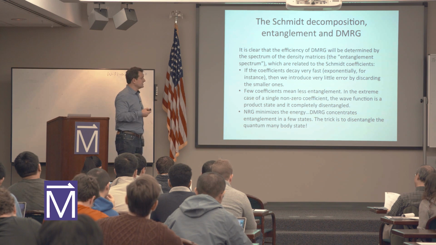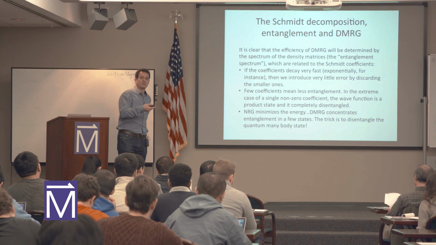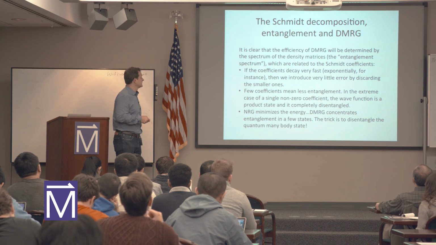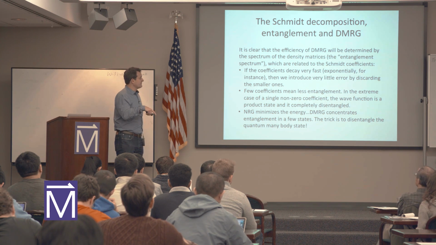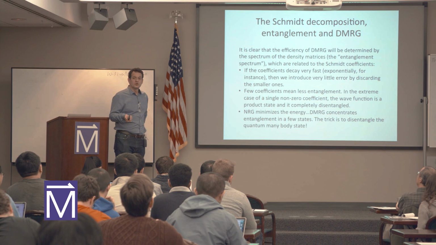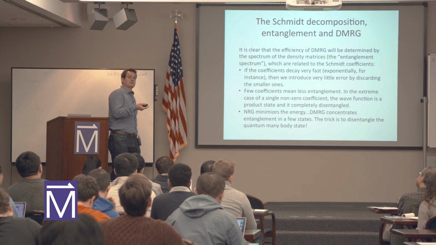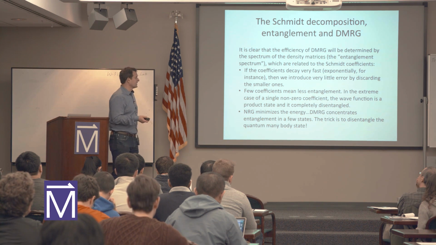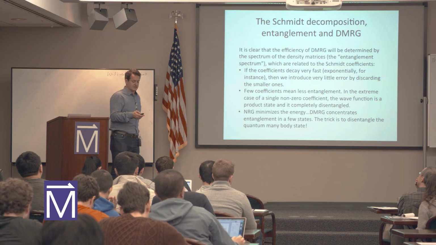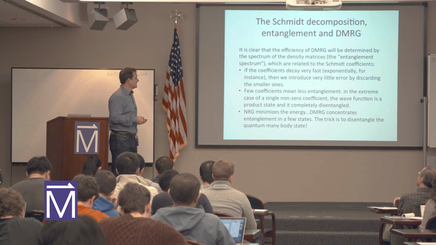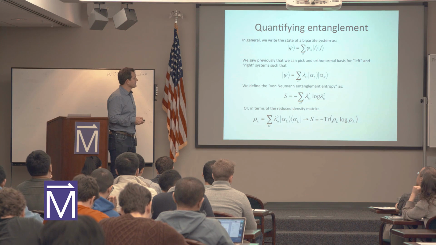And this is nothing else but the entanglement spectrum that we've heard a lot about. If these coefficients decay very fast, for instance exponentially, then this is good for DMRG. If they decay very slowly, this is bad. So now we have to figure out why in some cases they decay fast and why in some cases they decay slow.